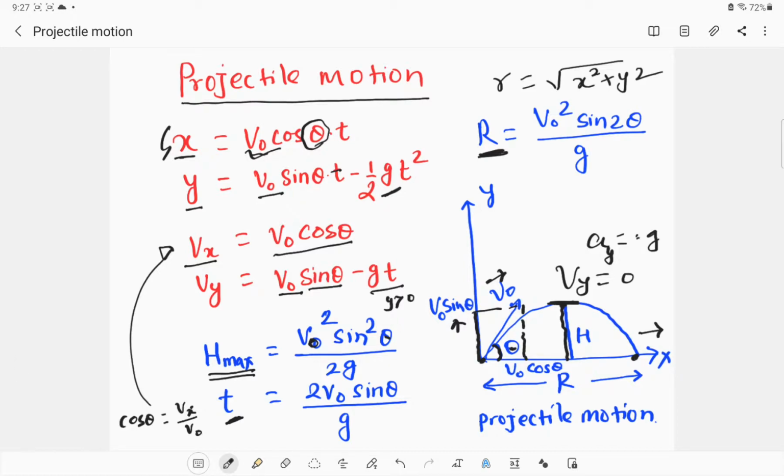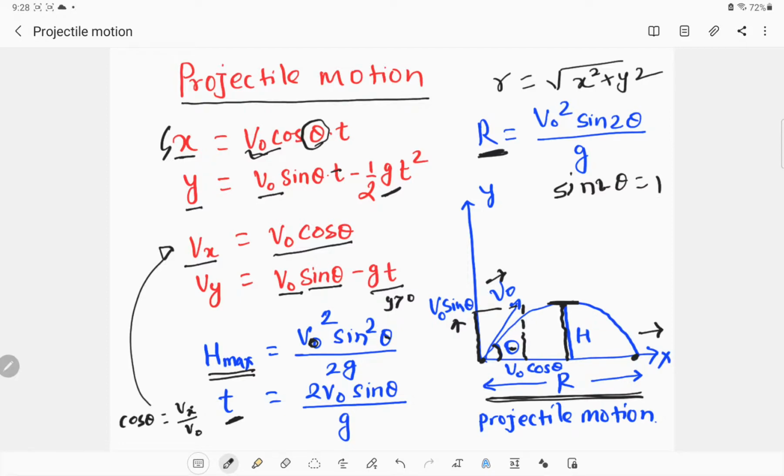One more thing that I have to tell before ending this video is at what angle the range will be maximum, with the same initial velocity. For that, sine 2 theta should be 1, right?